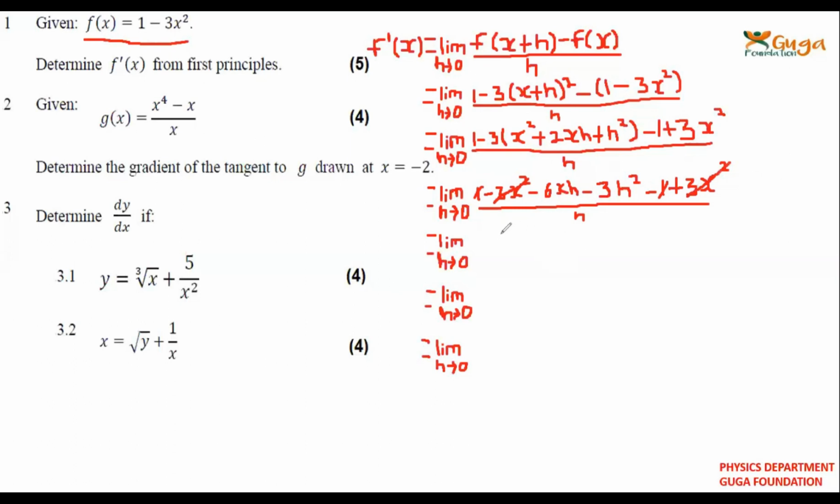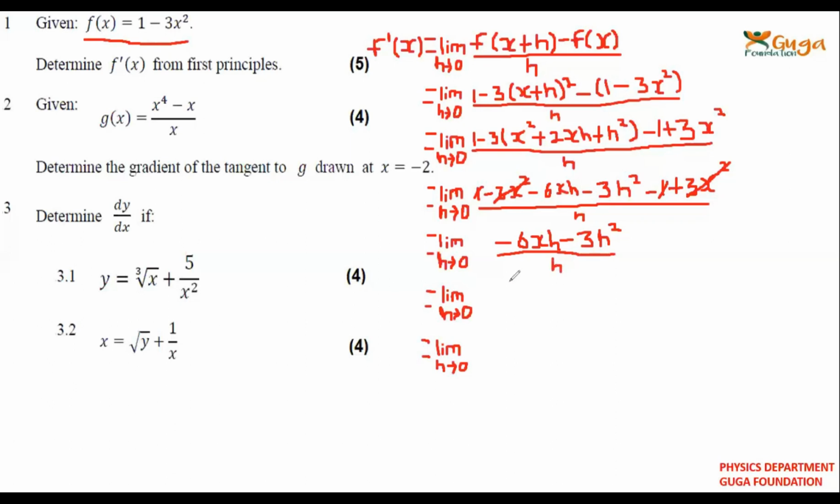So we are left with minus 6xh minus 3h squared, all over h.